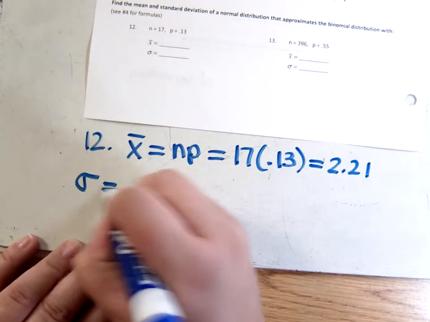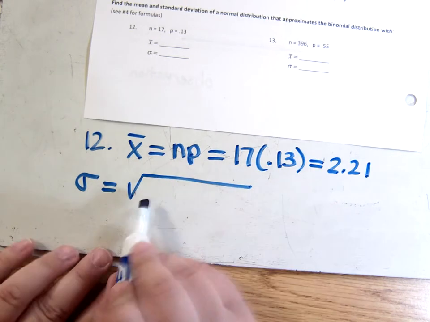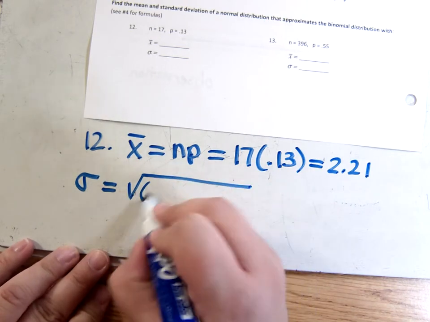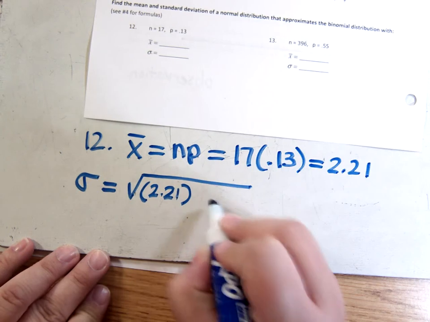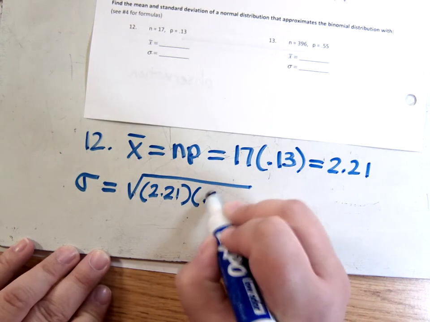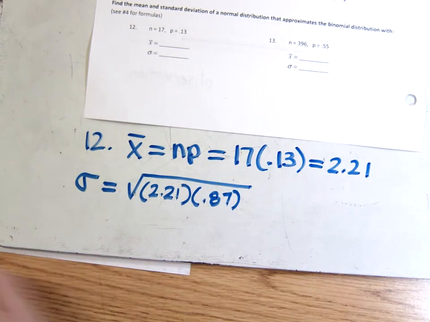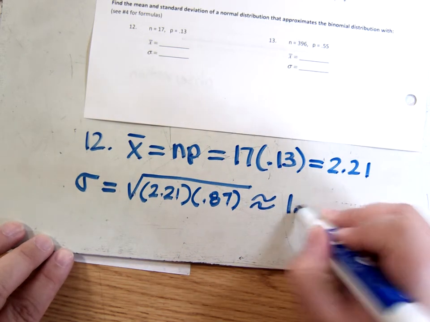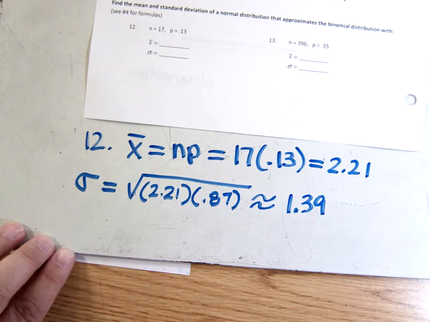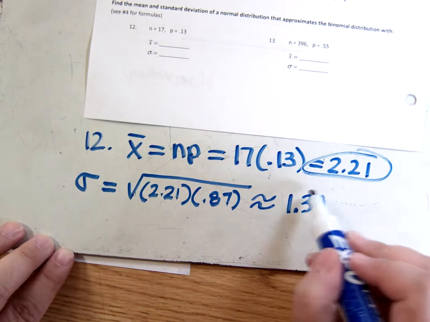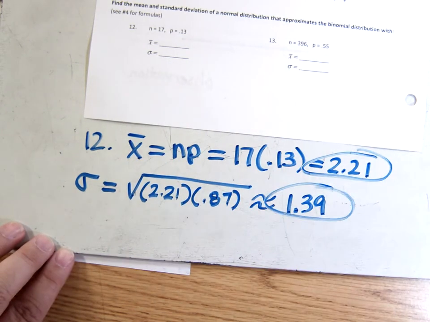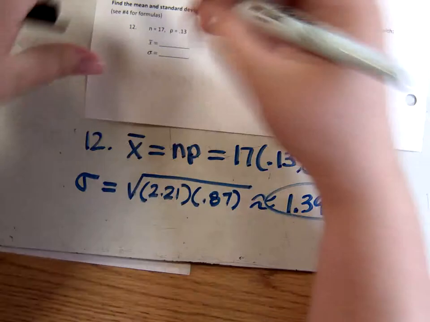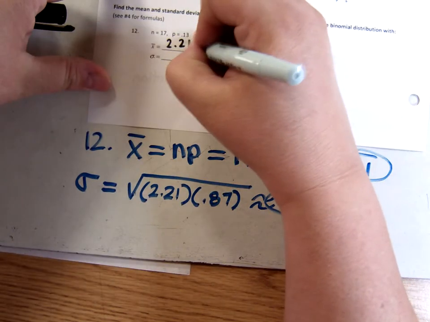Lowercase sigma is the square root of np, which we just said was 2.21, times 1 minus p, which would be 0.87. That gives me 1.386, so that's 1.39 approximately. Again, if you don't know, just go to the hundredths. So I would put 2.21 here and 1.39 here.